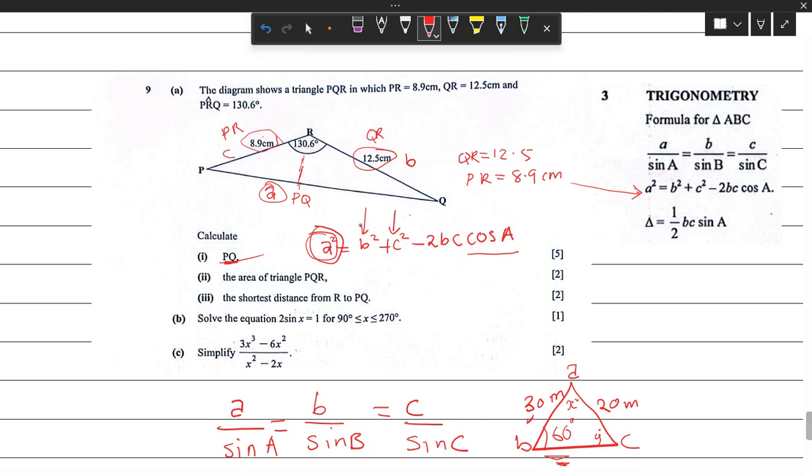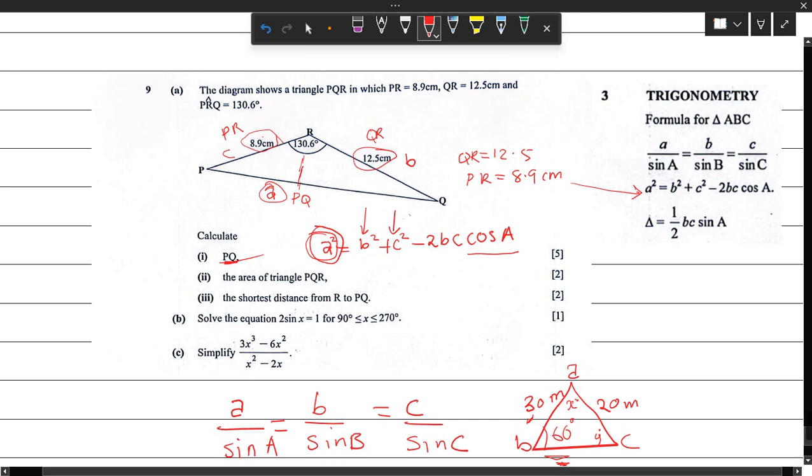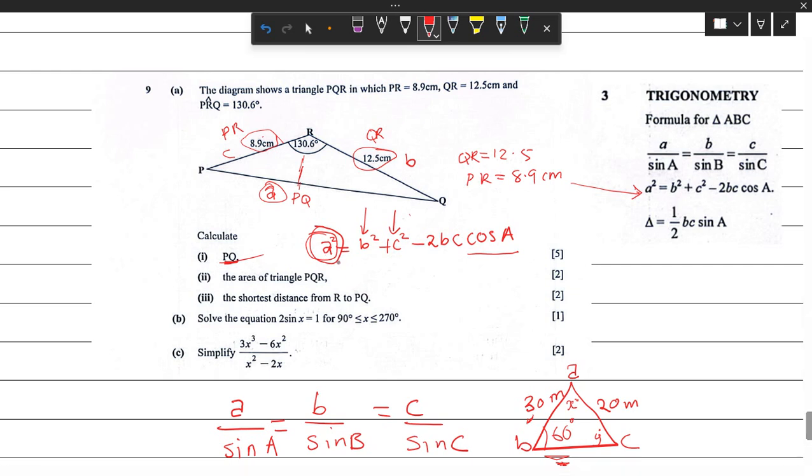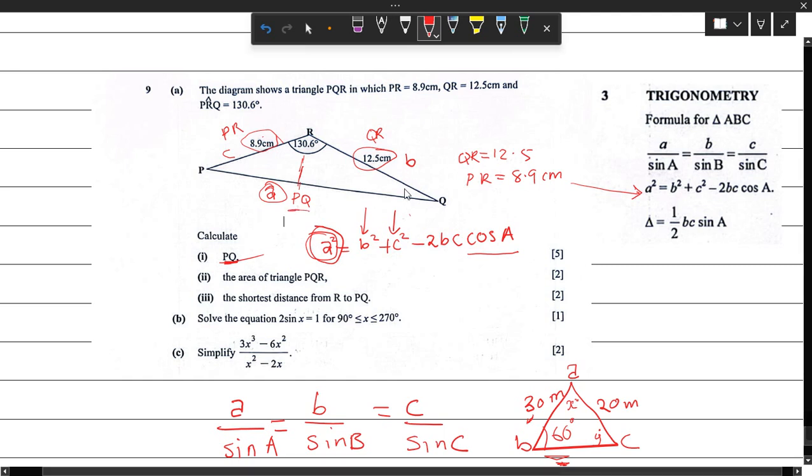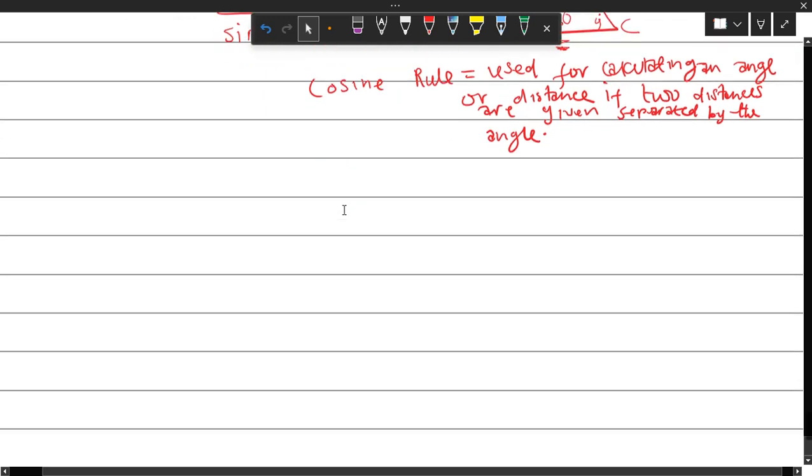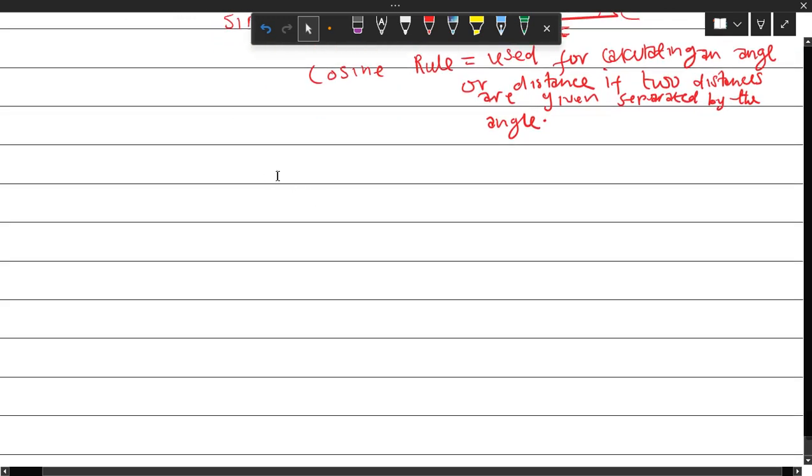The answer is the same, whether you take this as B and this as C. So now, let's write this formula using the letters which have been provided in this question. A is the distance which you are calculating. What is the distance you are calculating? PQ.